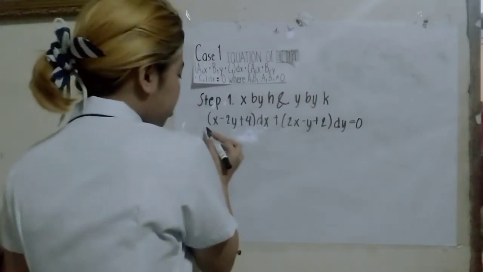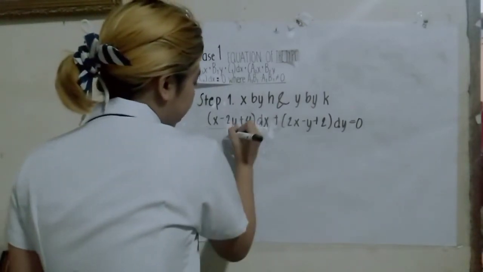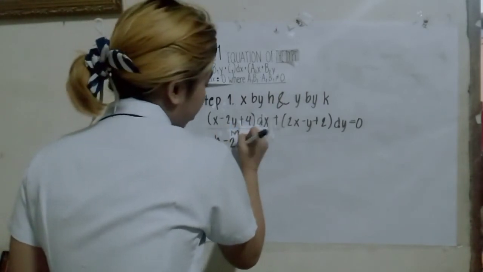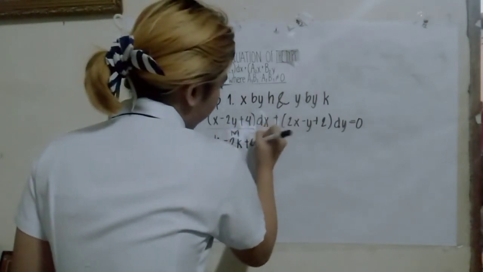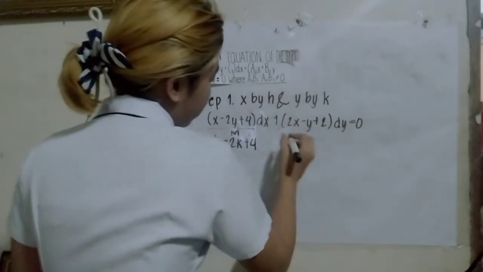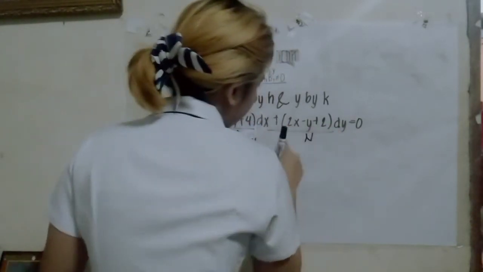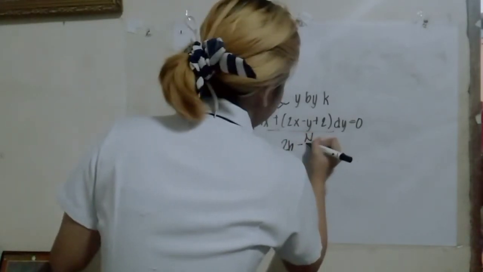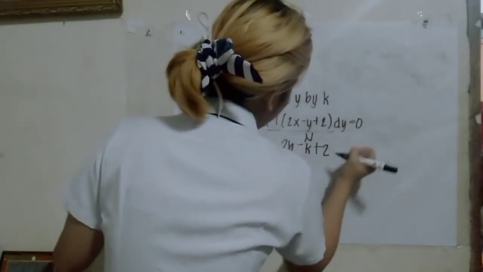Isa-substitute muna natin ito. Yung ating m, magiging h minus 2k plus 4. Si n naman, magkakaroon tayo ngayon ng 2h minus k plus 2.